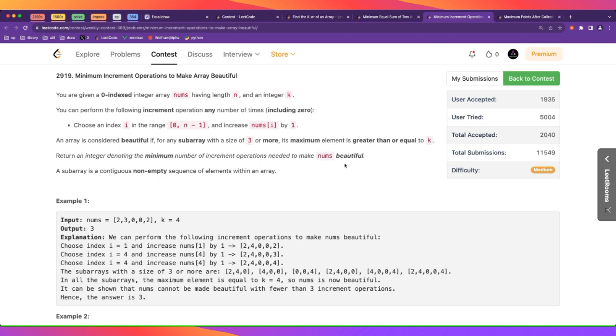But it is not clear, because maybe if you go from left to right and you have to decide, do I increment the ith value, for example?